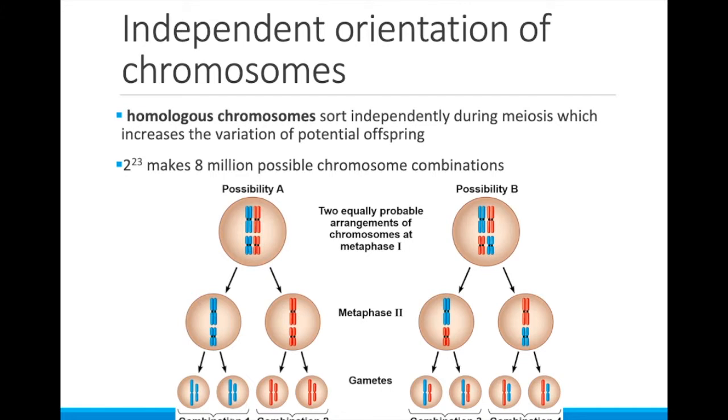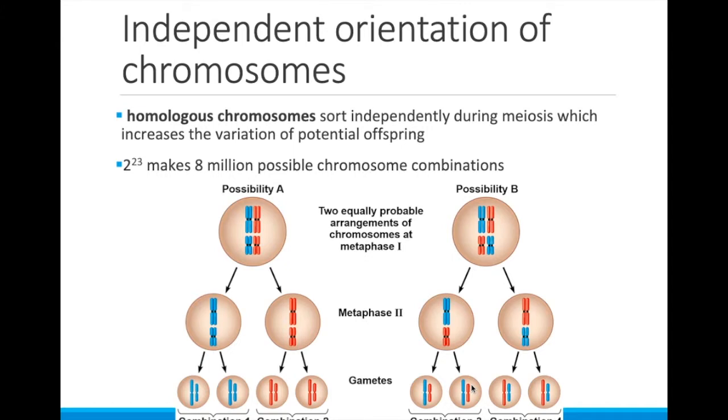Eventually, possibility A is going to give us 2 possible combinations of chromosomes in the gametes. And possibility B gives us two different combinations in the gametes. So the number of possible combinations of chromosomes in gametes increases as we increase the number of chromosomes.